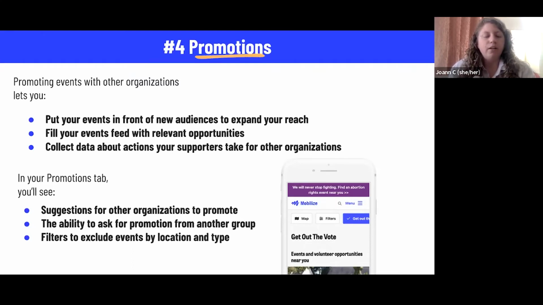If you do that, you are going to be sending an email to the admins automatically through Mobilize, and that is a great way to get in touch with them, request this, and then they can make the decision to enable that or not. Finally, from the promotions tab, you'll be able to fine tune the events that you're displaying. So you can filter these events by location or type to make your feed look exactly the way that you need it to look.